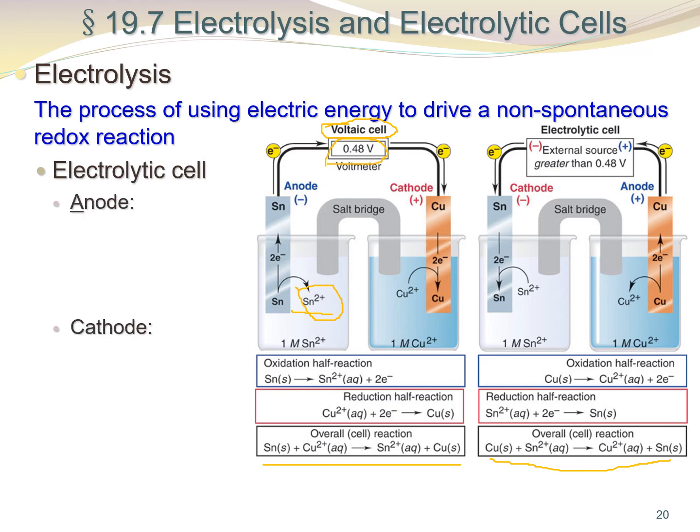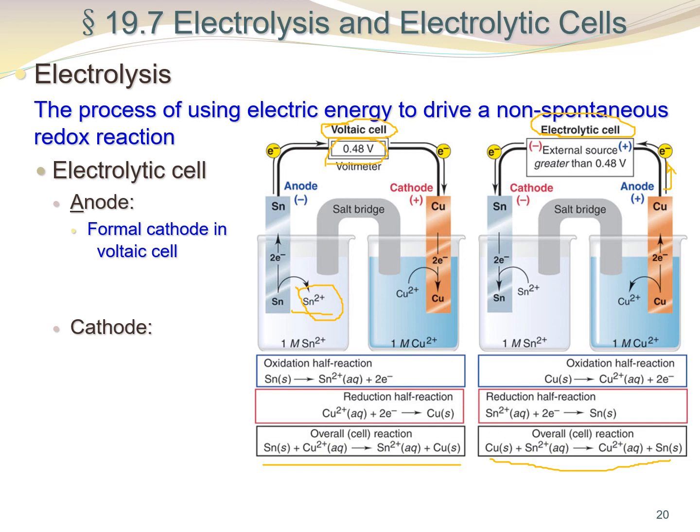Now some terminology. In this electrolytic cell, we still have anode and cathode, but what used to be the cathode in the voltaic cell is now the anode. Why is this the anode? Because we force electrons to come out of the copper.